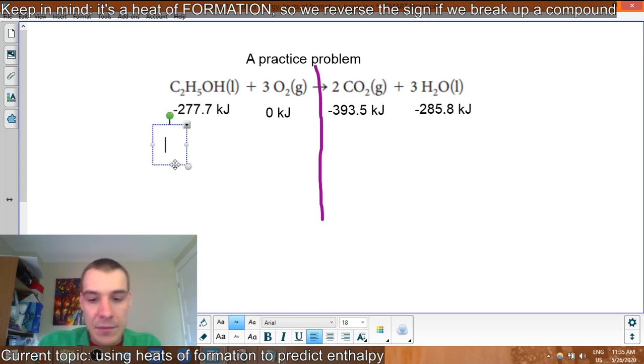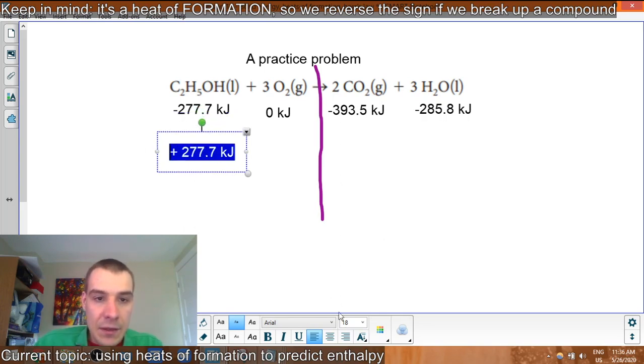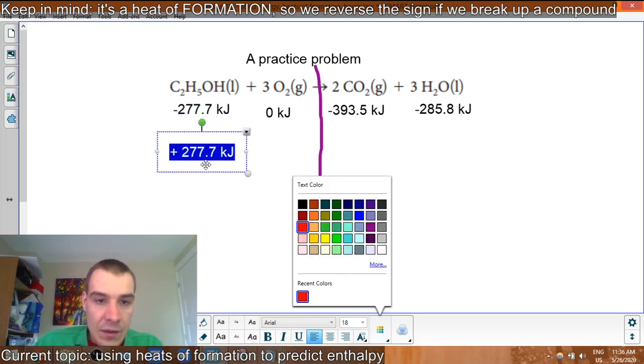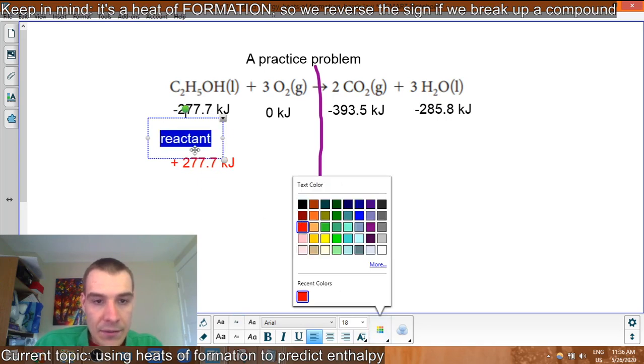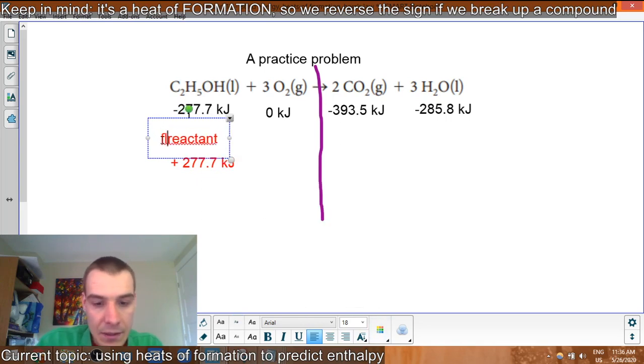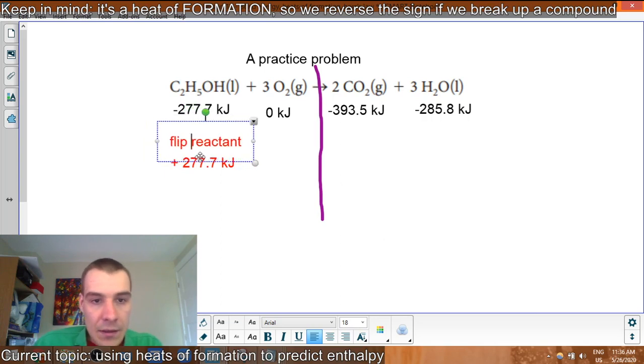Plus 277.7 kilojoules, because it's a reactant, so flip the reactant. It's being broken up instead of being formed.